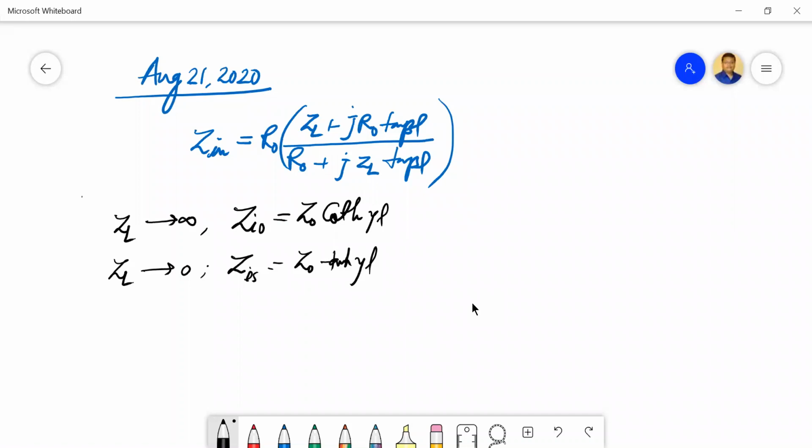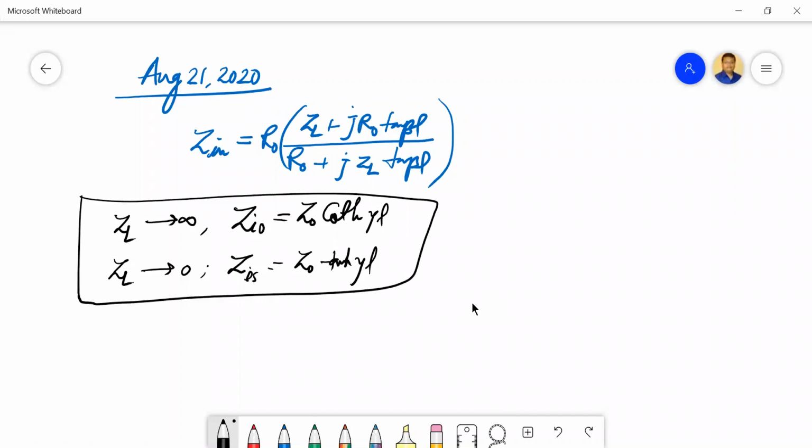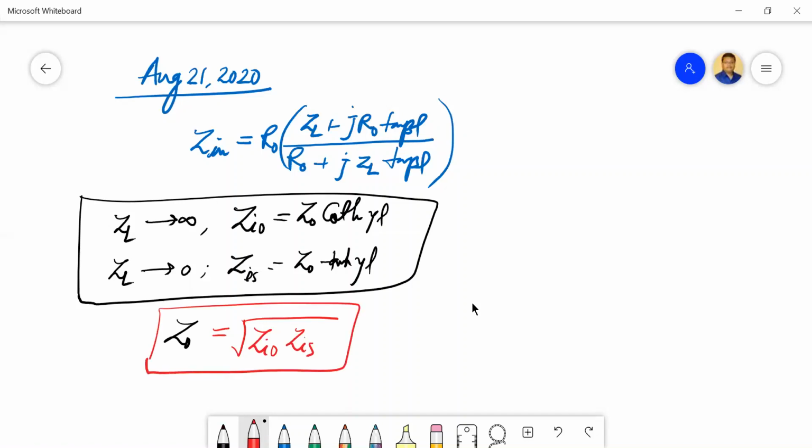Now, from these two, you can develop a new one: Z_0 = √(Z_io Z_is). Can we write? Yes, definitely correct.